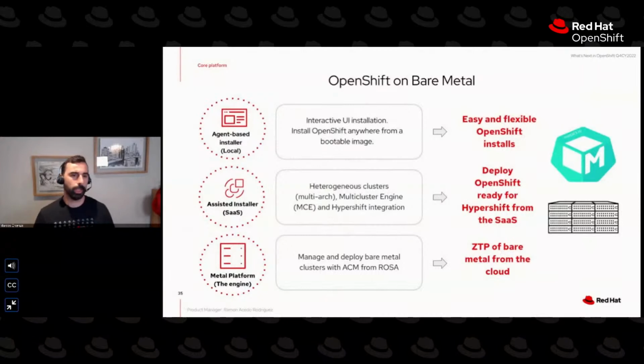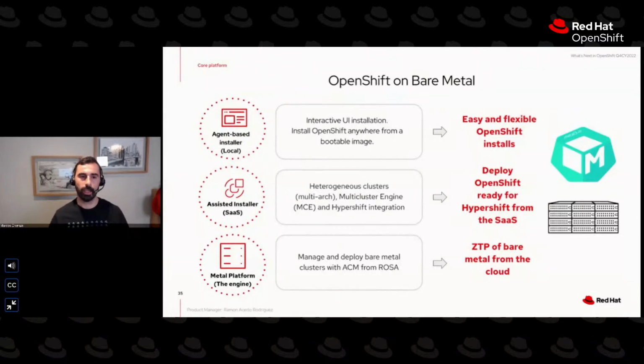Okay, so OpenShift and bare metal. On the agent-based installer, the one I mentioned before, we are working on an installation user interface similar to assisted installer, but this is for local disconnected environments, that will run directly from the installation image.